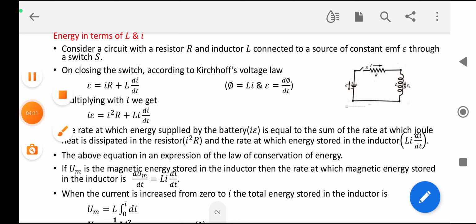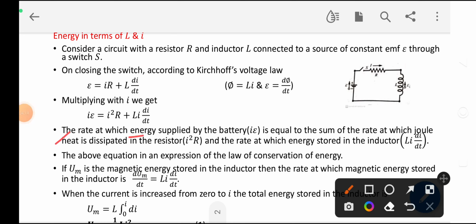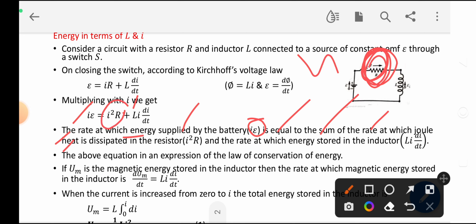Now the rate at which energy is supplied by the battery, which is the battery power, equals the sum of the rate at which Joule heat is dissipated in the resistor and the rate at which energy is stored in the inductor.